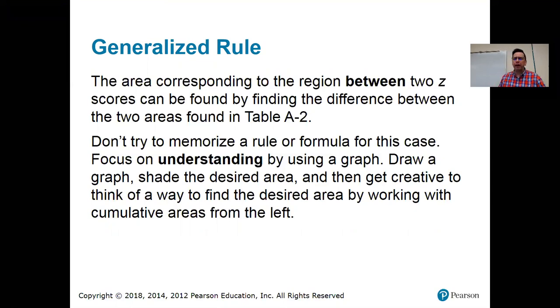So what I always recommend is as soon as you're given a normal distribution problem, draw a picture and understand, are you looking for an area to the left, an area to the right, or an area in between? Okay. And as long as you understand that your table only gives you areas to the left, you should be able to get those without having to memorize a bunch of stuff.